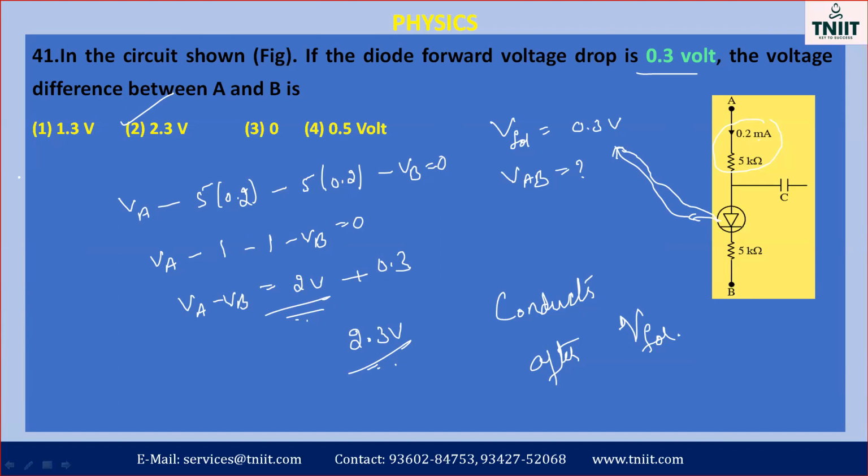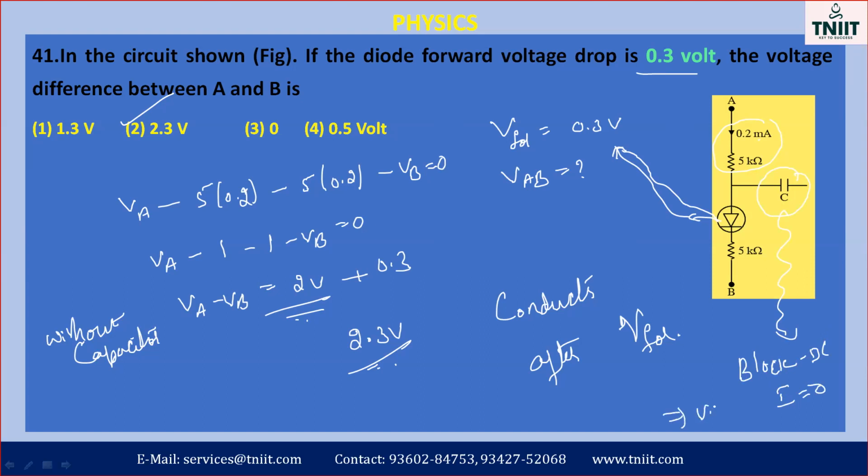Suppose you consider the capacitor; this is without the capacitor. Suppose you connect the capacitor, please remember, the capacitor will block what? DC. When it blocks DC, current will be 0.